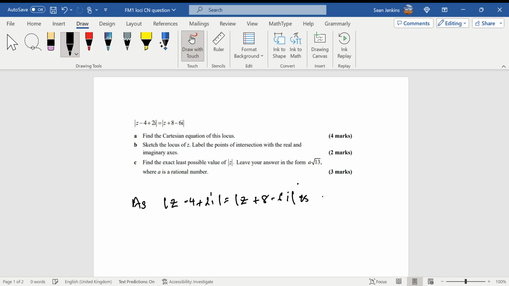Now, according to page 42 in your C1 book, this is a perpendicular situation, a perpendicular bisector.